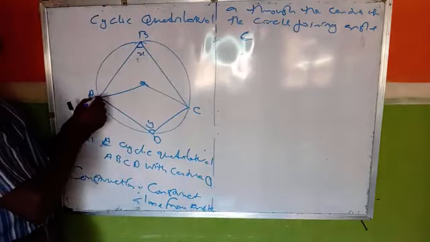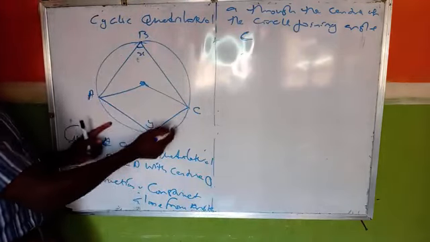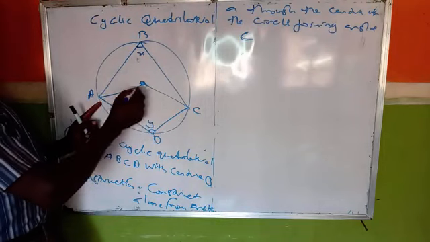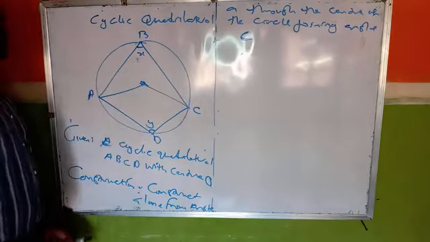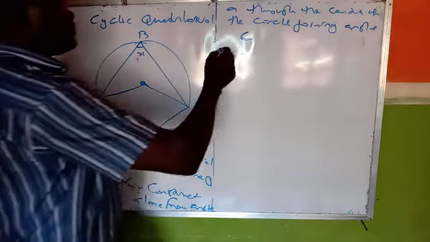This is the construction. You construct because you are just given a cyclic quadrilateral. Then you join this one together with the center to this side. That's what they ask you to prove.